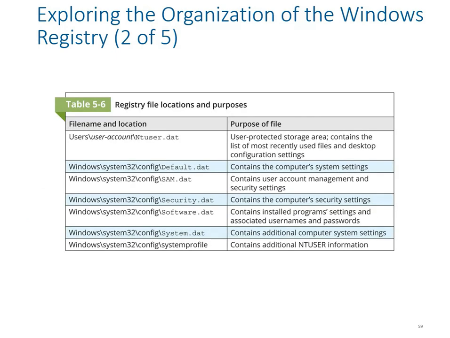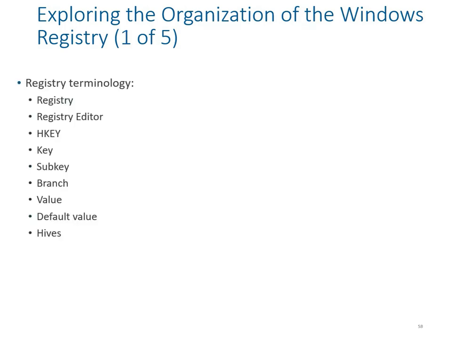Now if we try to understand a little bit about these things, the registry is a hierarchical database containing the system's and users' information. The registry editor is the utility for viewing and modifying the data in the registry. HKEY: Windows splits the registry into categories with the prefix HKEY, and Windows 9x has 6 HKEY categories.